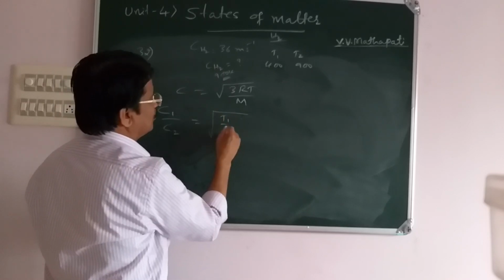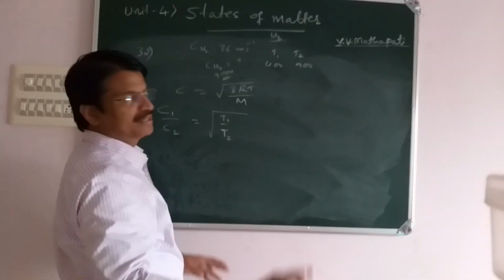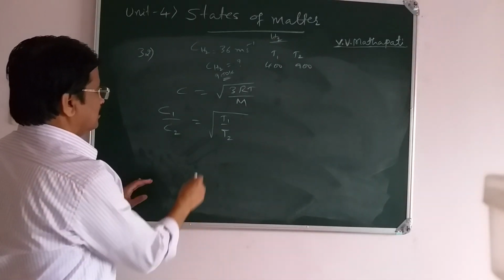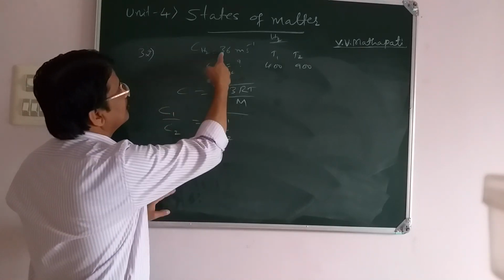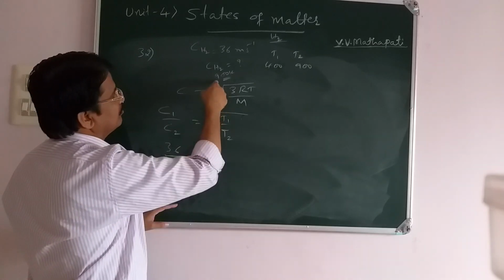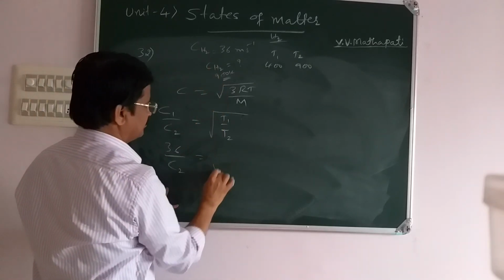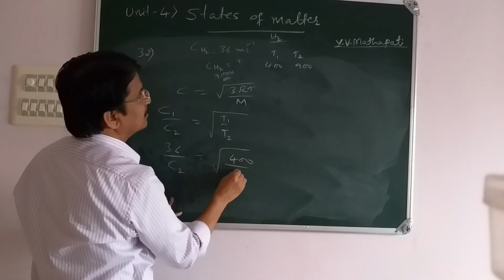T1 by T2 because T is here. Next, C1 is the initial 36, C2 you have to find out. Square root T1 400, 900.